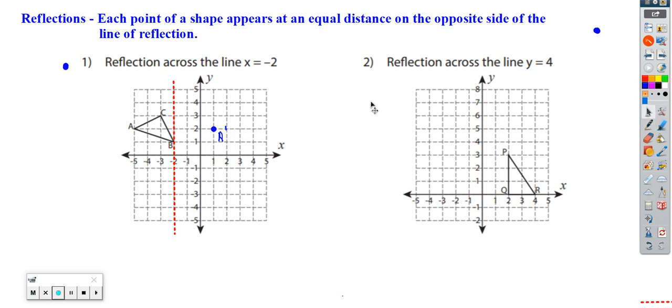All right, let's look at point B. Point B is just touching the line of reflection. So I'm going to take this point and touch the line of reflection here. And then point C is 1 away from my line of reflection, and I'm going to put point C there. Again, I'm going to name my points. This is B prime, and this is C prime.